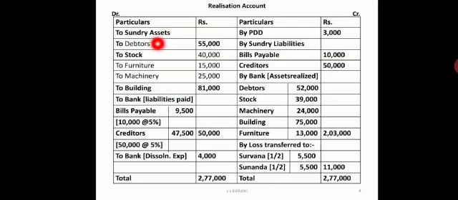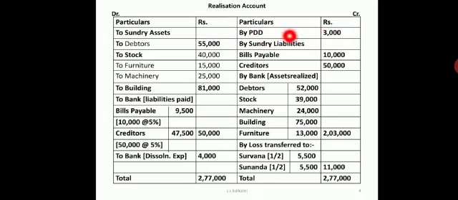Now as the amount is given in the balance sheet, debtors, the inner column, had 55,000. So I will take it at the book value because my total debtors are 55,000, whereas there is a provision that is made by me. Up to 3,000 there may be a loss, and the loss is always shown on the credit side.